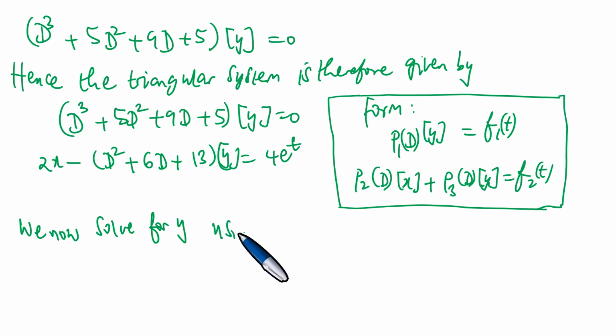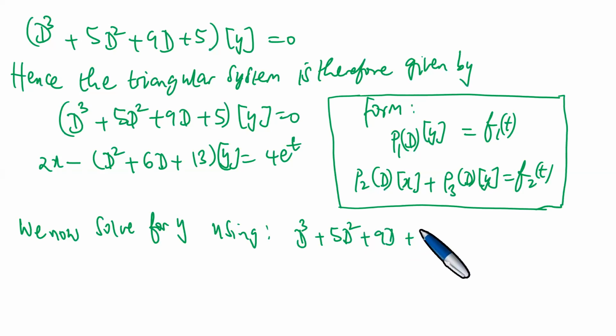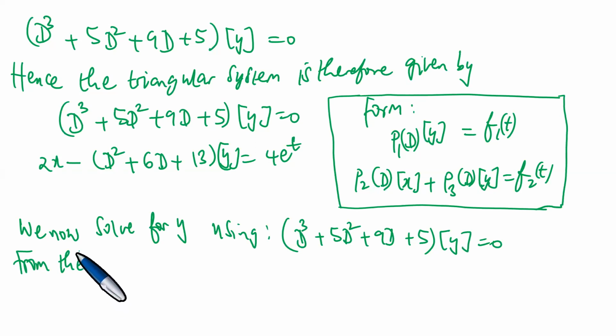We now solve for y using the equation d cubed plus 5d squared plus 9d plus 5 y equals 0.